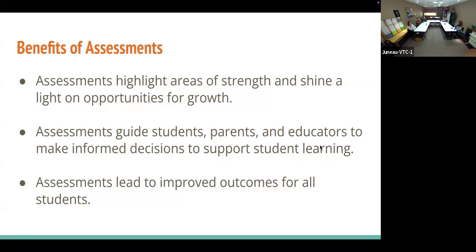They lead to improved outcomes, and the more we do different types of assessments, the more comfortable our students will get with them, because they're not going away. And they shouldn't be scary.